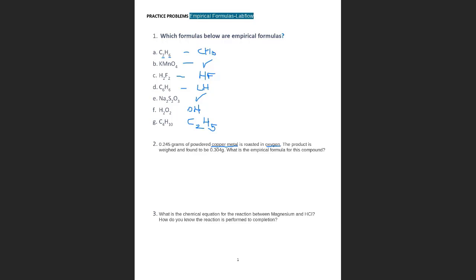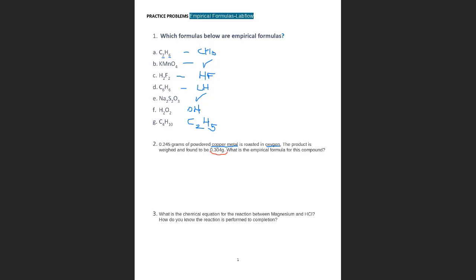The product is weighed and found to be 0.304 grams. This is after the reaction. What is the empirical formula for this compound?